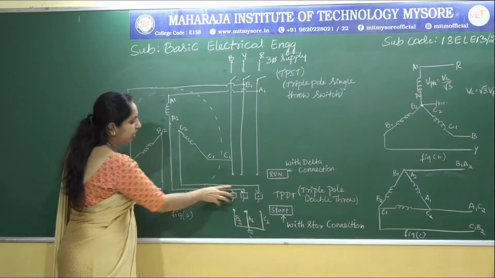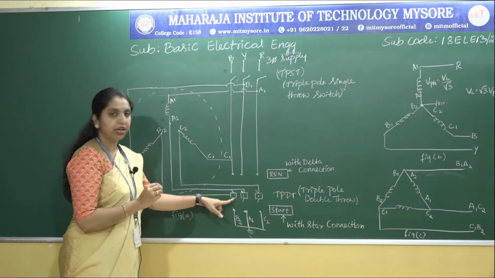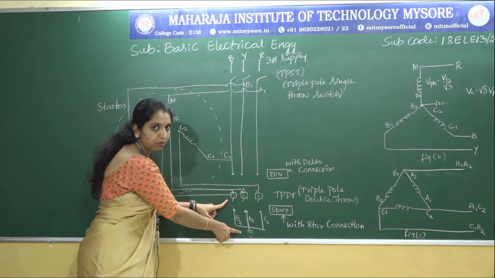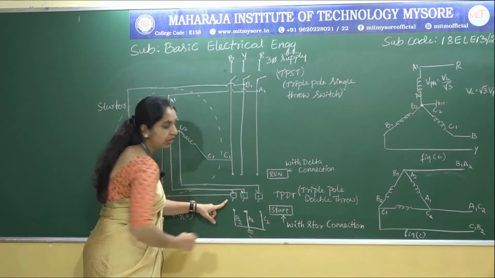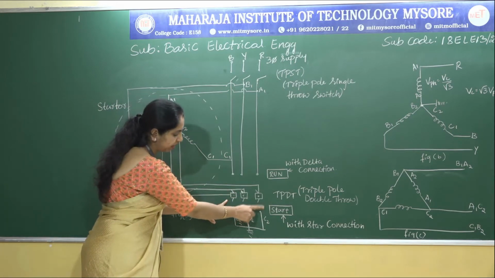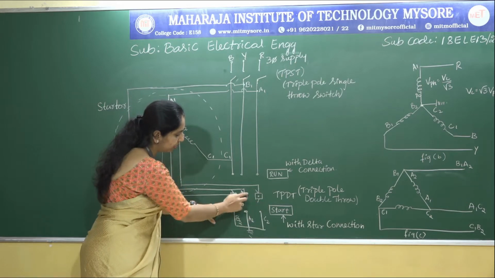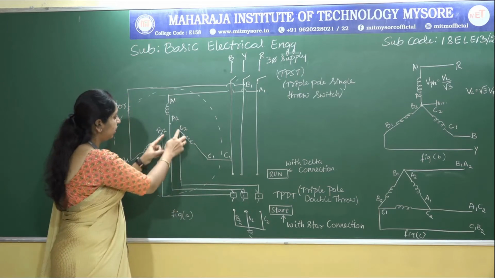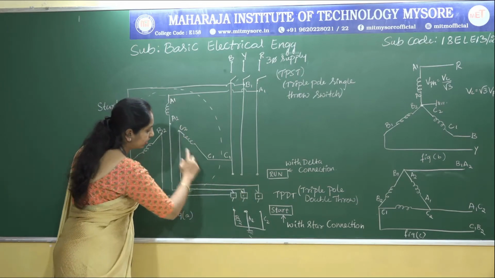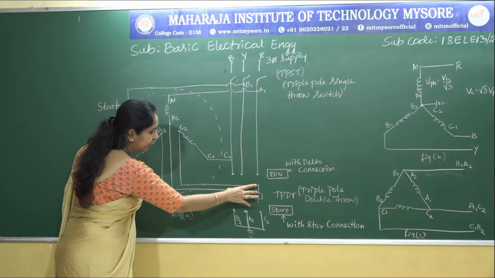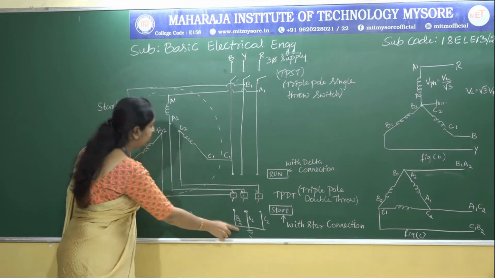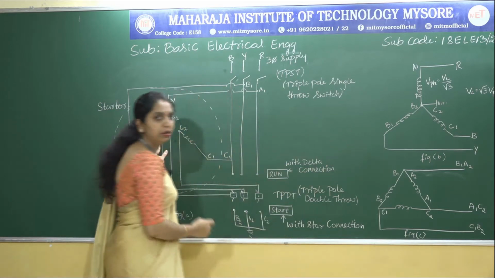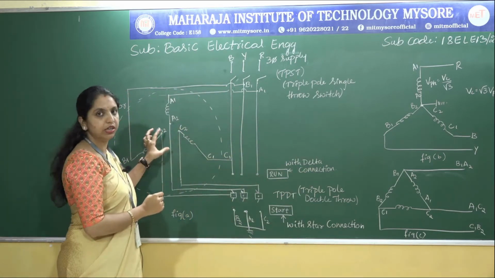When the TPDT switch is at the start position, these three points are connected to the ground point. When these three windings are given to the ground point, it looks exactly like figure B.